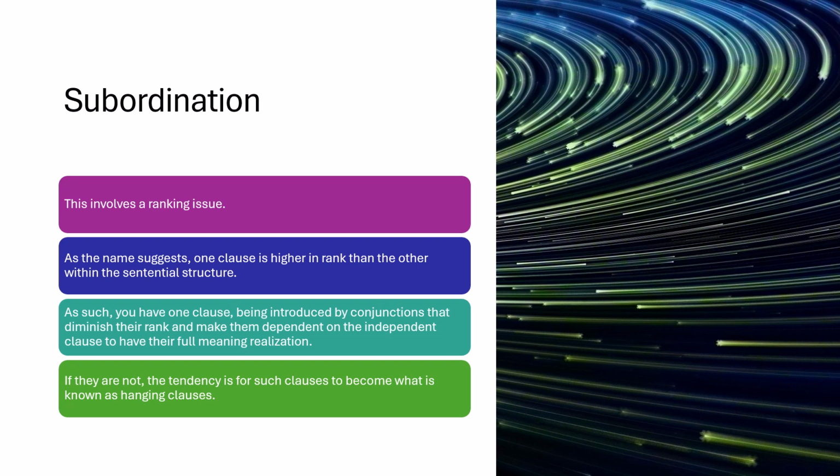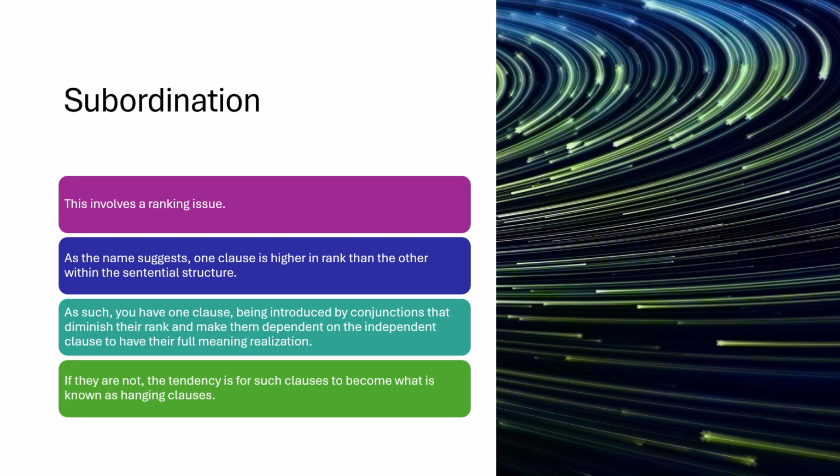So you can also have subordination. So this involves a ranking issue. As the name suggests, one clause is higher in rank than the other within the sentential structure. So you have one clause being introduced by a conjunction that diminishes its rank and makes it dependent on the independent clause to have its full meaning realization.